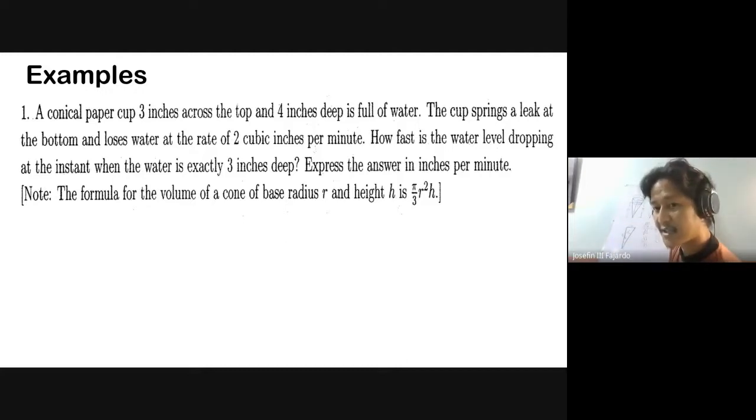Dahil similar triangles sila, we can actually have a proportion here. Okay? Wherein if you consider the ratio of the two legs, that will be equal to the ratio of the other two legs of the similar triangle. So we can say that R over H will be equal to 1.5 over 4.